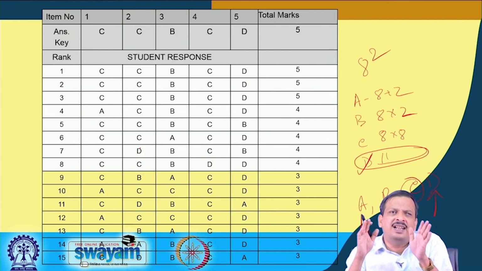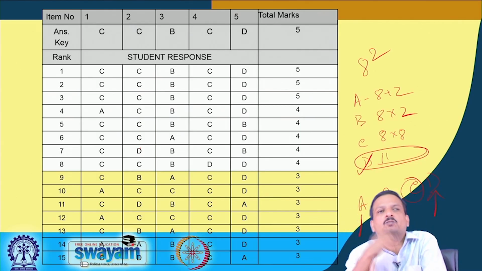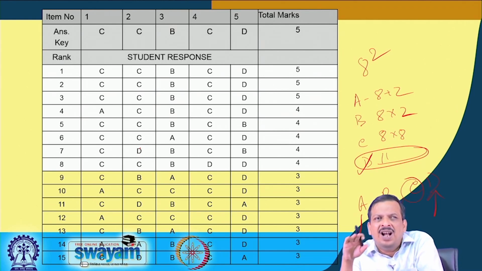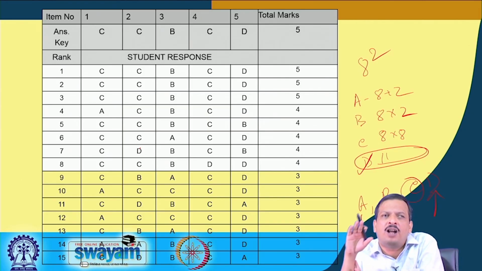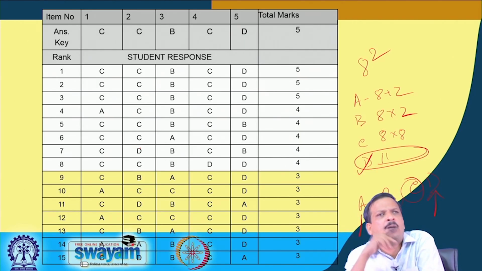Basically, who will be distracted more? The student who has less confidence. So, students in the lower group will be distracted more compared to the upper group.